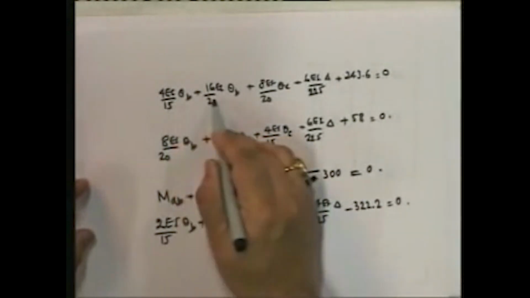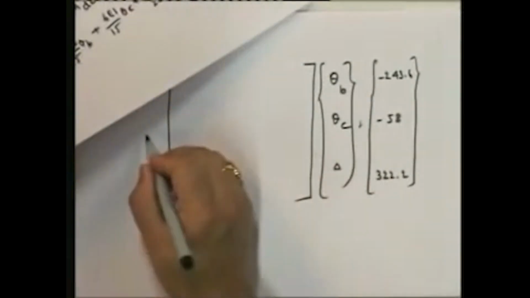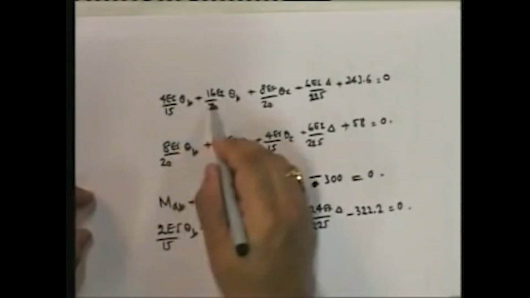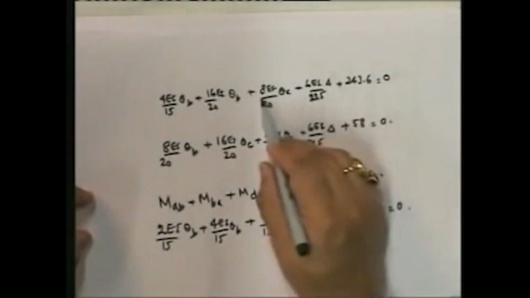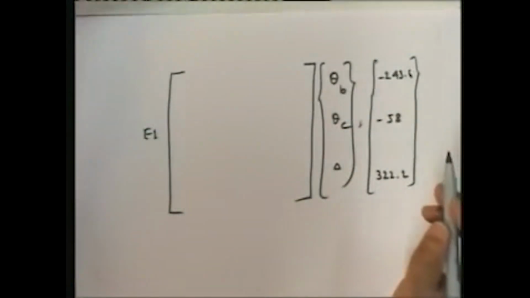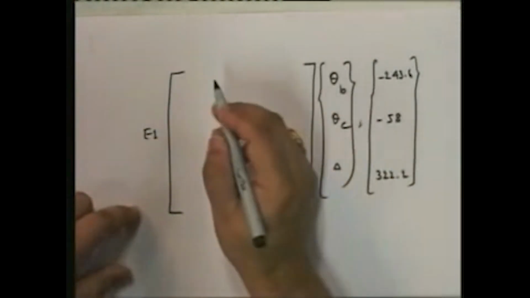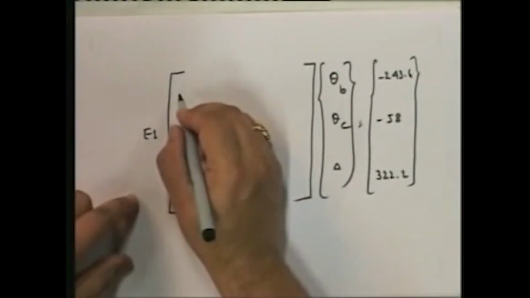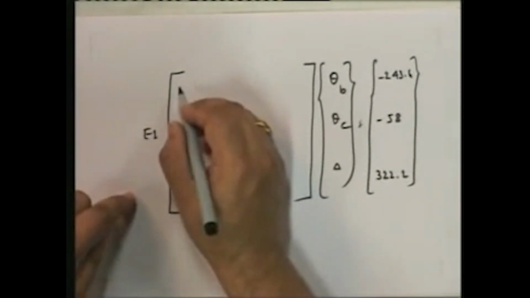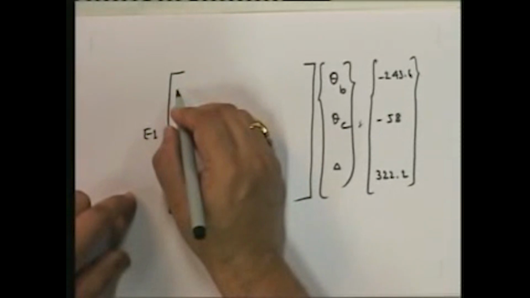For example, this plus this, I can take EI outside, and so EI will be 4 by 15 plus 16 by 20, 8, 6 by 20. So 0.8 plus this thing gives me 380, and this is going to be 16 by 15.